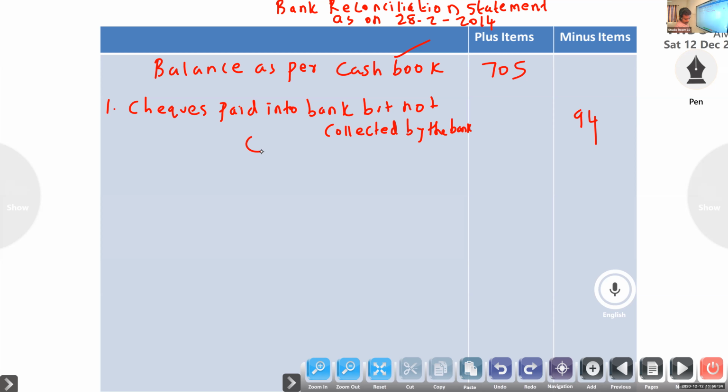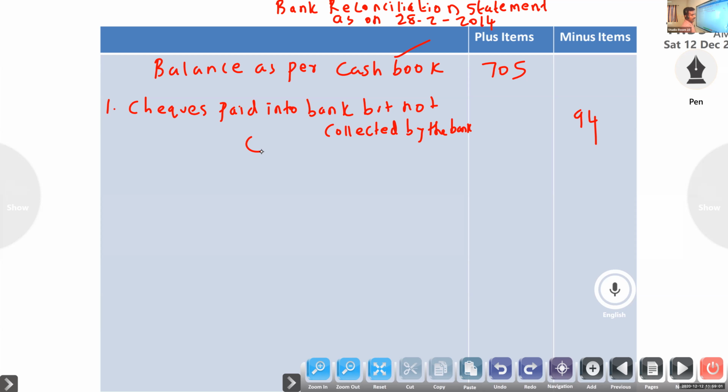Next one. Next you look. So 157, 243, 91, 75, 420. So 94 extra that we wrote. But you look that in the passbook credit side one extra item is there, 220. 220 extra, it is there.